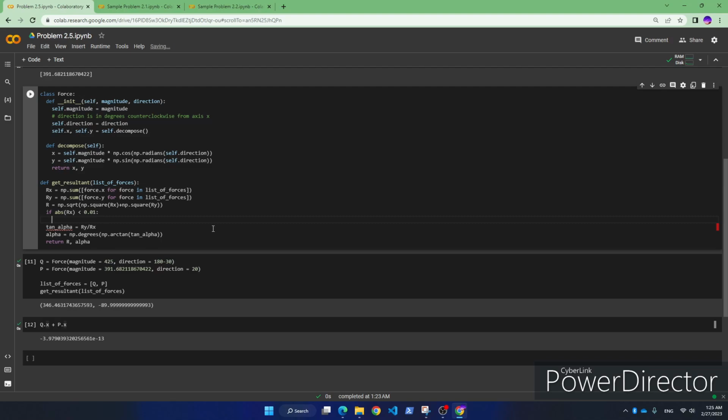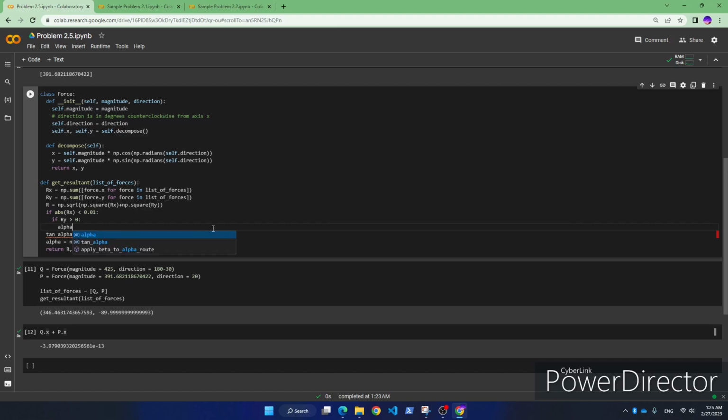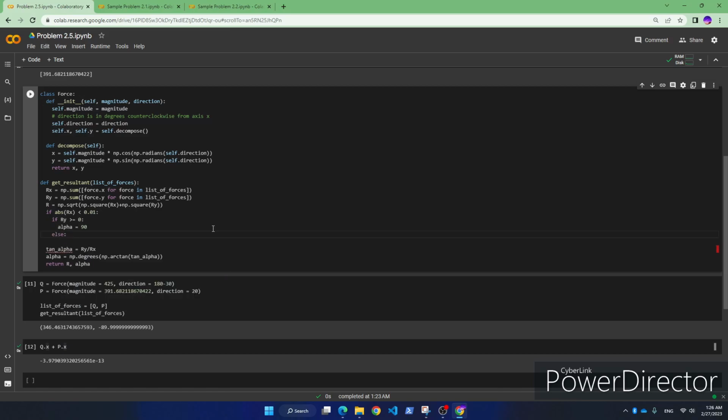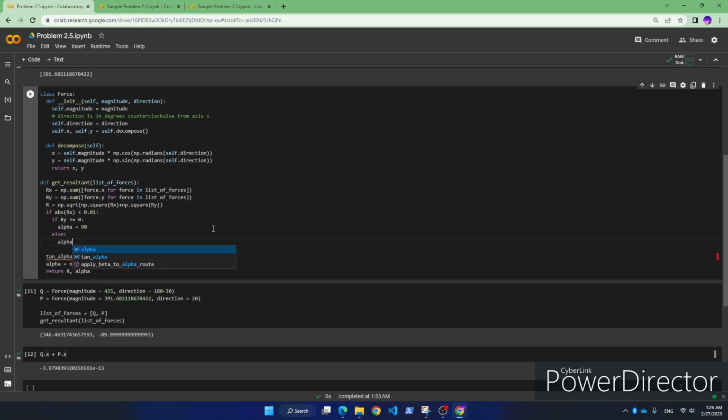let's say that if Ry is more than 0, alpha equals to 90, else alpha equals negative 90.